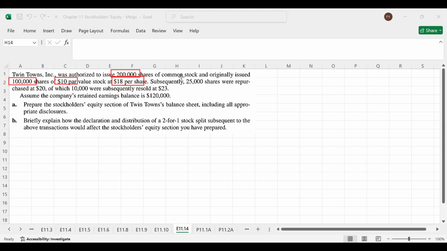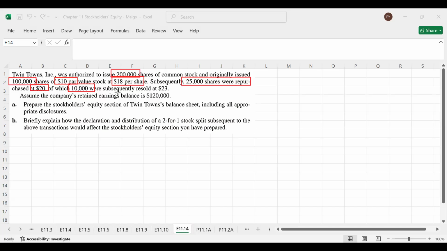Subsequently, 25,000 shares were repurchased at $20, out of which 10,000 were resold at $23. So the company originally issued 100,000 shares, out of which it repurchased 25,000, and then from that 25,000, the company reissued 10,000 shares. So right now in treasury stock, the company has the remaining 15,000 shares.